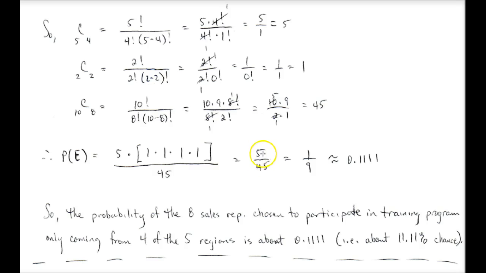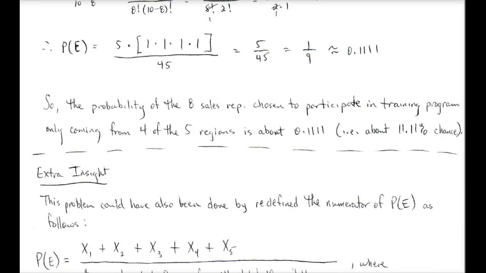And so then we end up having 5 over 45, which reduces to 1/9, and that is about 11.11%, if we want to translate that into a percentage. And so probability wise, we would just keep it as 0.1111. Okay, and we're rounding to 4 decimal places there.